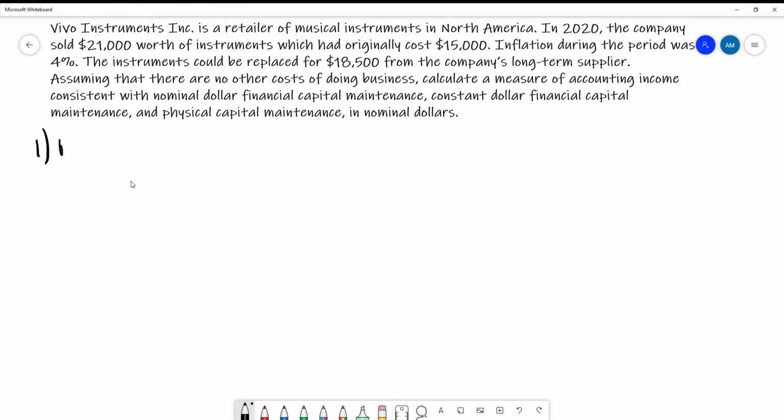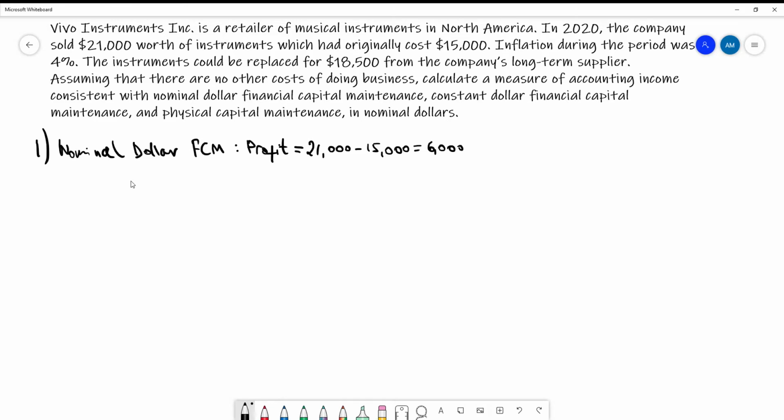So profit is 21,000 minus 15,000. So in this case, profit is $6,000.